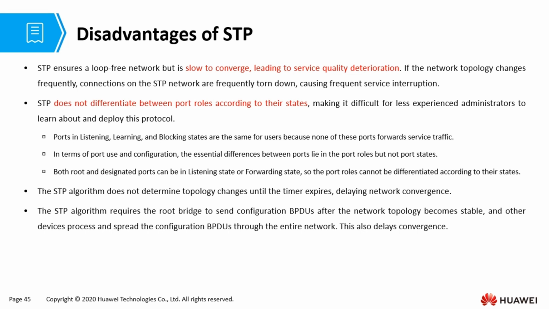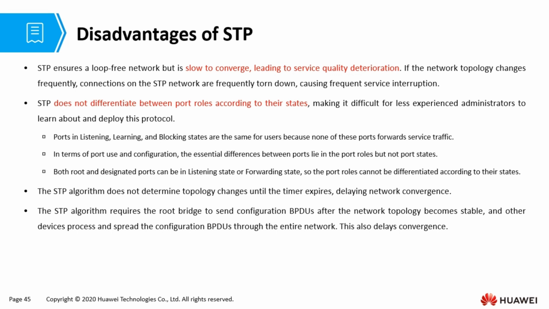Moving from discarding to learning to forwarding requires a 15-second forward delay, and moving from learning to forwarding takes another 15 seconds. So it is considered slow convergence, and it will impact service quality. That is one of the reasons they introduced RSTP and also MSTP to improve the performance.